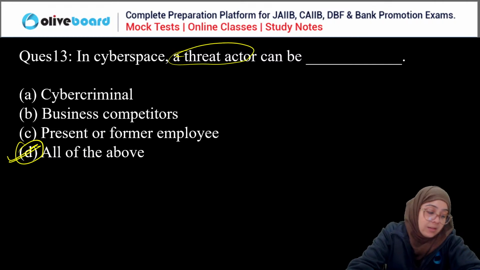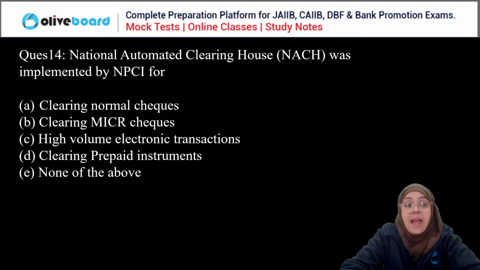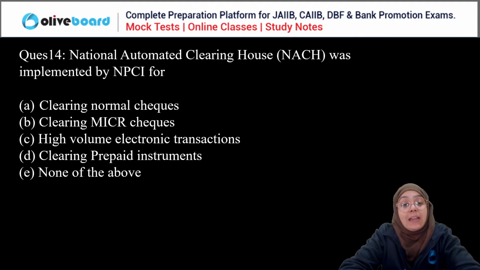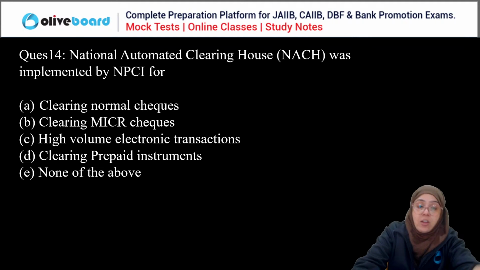Clear? Done? Now, next. National Automated Clearing House (NACH) was implemented by NPCI for which of the following purposes? Clearing normal checks, clearing MICR checks, high volume electronic transactions, clearing prepaid instruments, or none of the above?